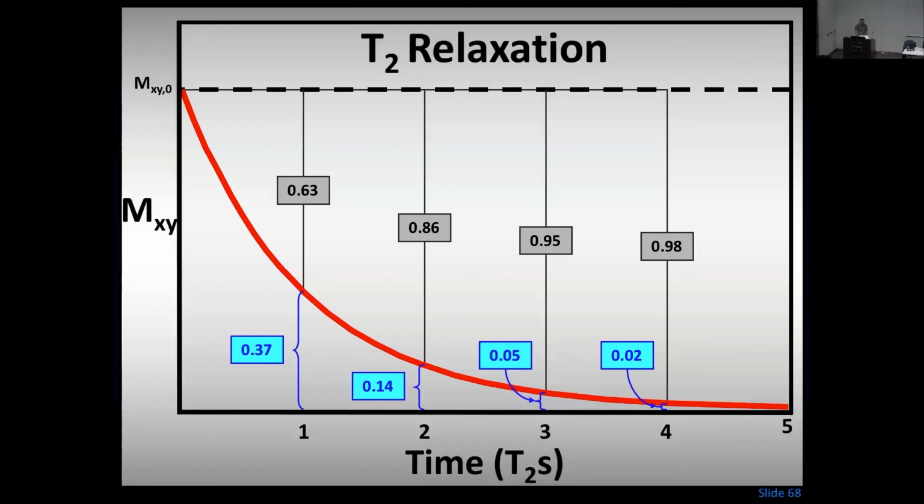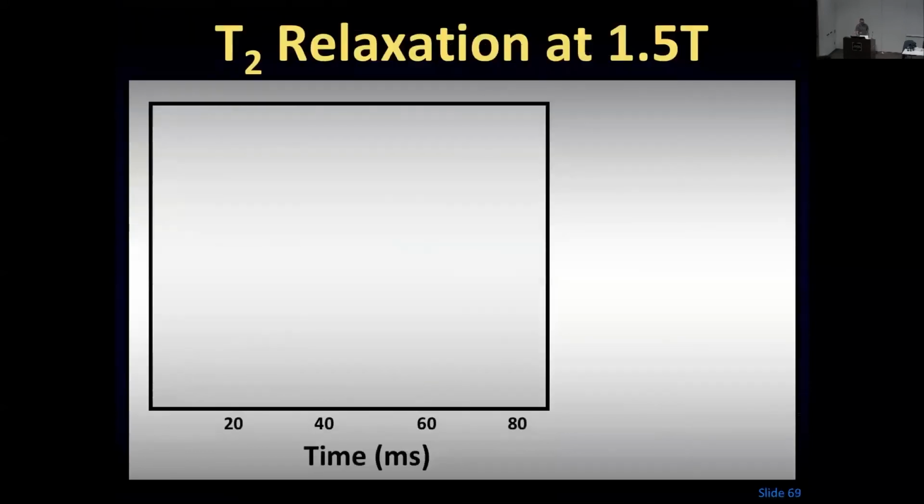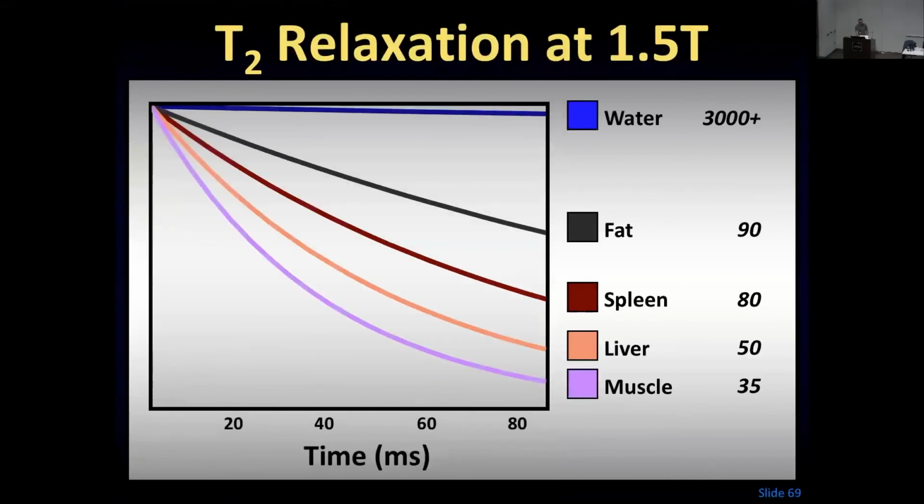So T1 and T2 are sort of inverses of one another in a way. And just like different tissues have different T1 times, different tissues have different T2 times. What I want you to memorize is that water has the longest T2. So water had the longest T1, water has the longest T2.